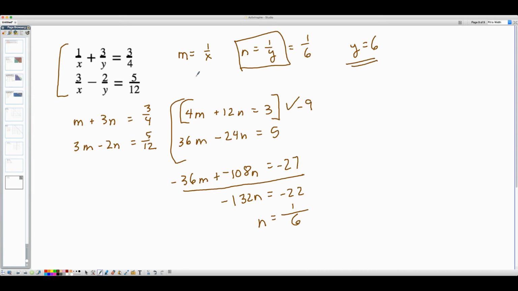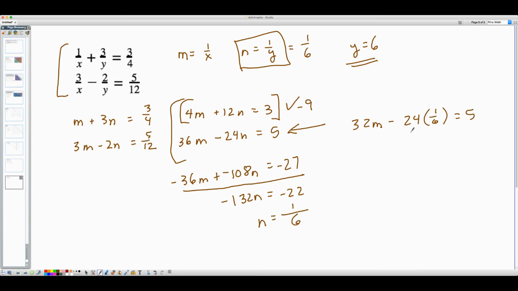And then for x, we can substitute n back into one of these equations. Let's substitute it into this equation. So we have 36m minus 24 times 1/6 is equal to 5. Well, this is going to be -4. So, isn't it?